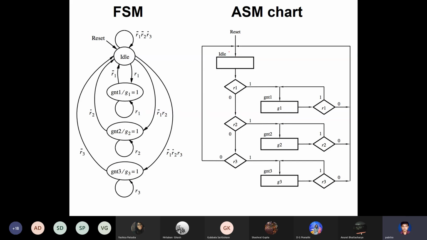The first ASM block will be this thing. This is one ASM block. There is only one incoming path. Sorry, this should be inside. And 4 outgoing paths.